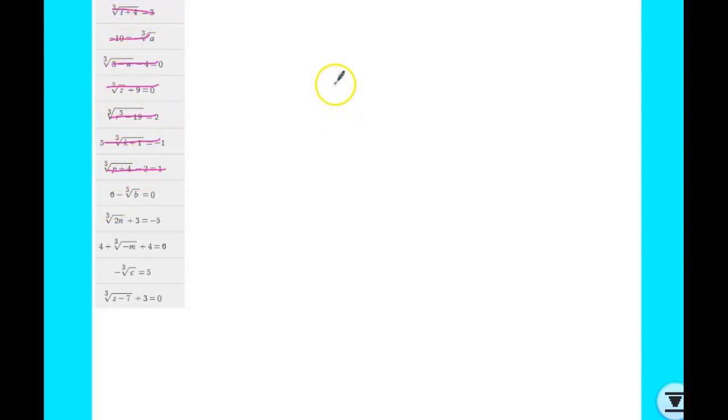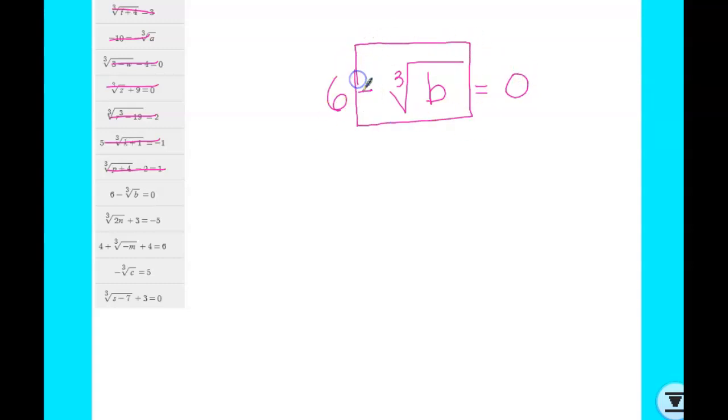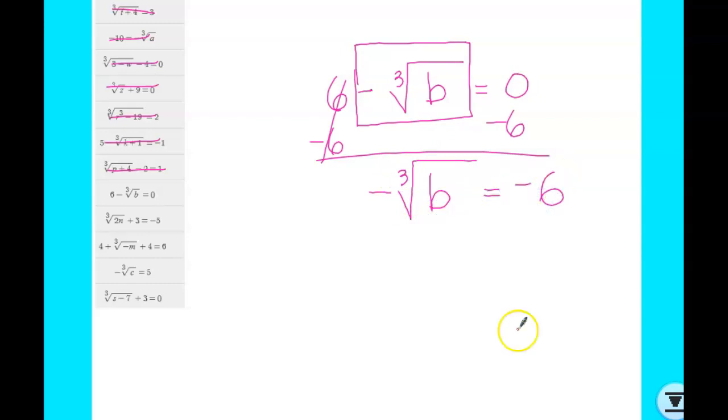Okay, next one we have is 6 minus the cube root of b is equal to 0. So again, we want to isolate the radical. Anything that's on the same side as this, we want to get rid of that. So we're going to subtract 6 from both sides. So we get negative cube root of b is equal to negative 6.